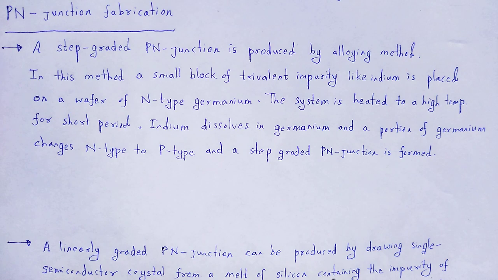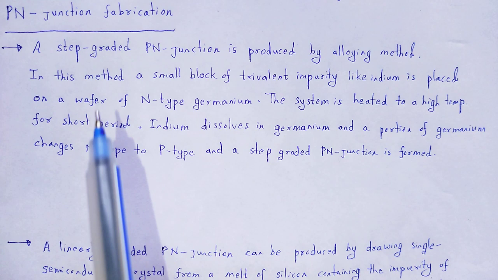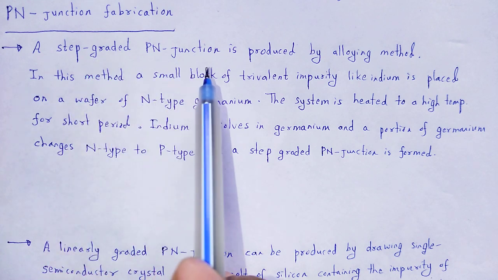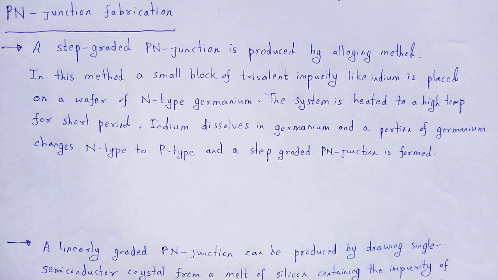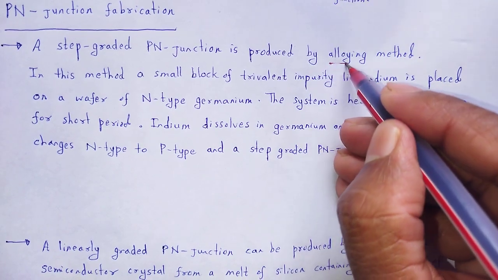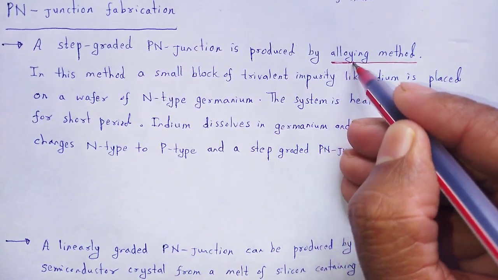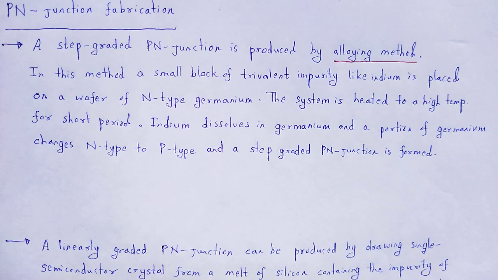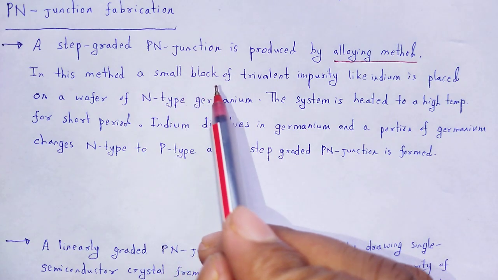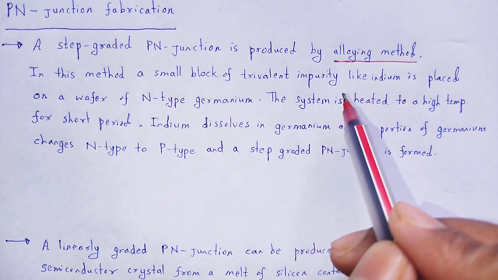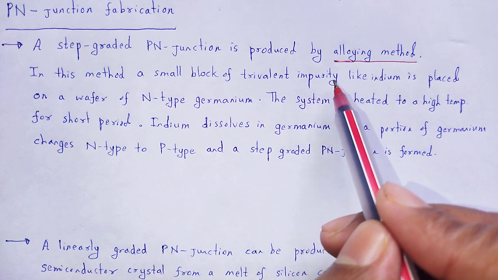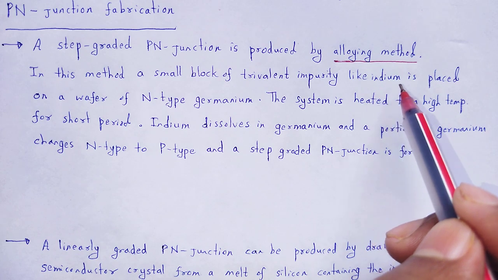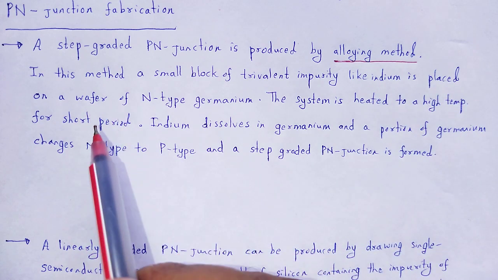As it is categorized as step graded or linearly graded, first we discuss how step graded PN junctions are fabricated. A step graded PN junction is produced by the alloying method. What is that alloying method? In this method, a small block of trivalent impurity like indium is placed on a wafer.